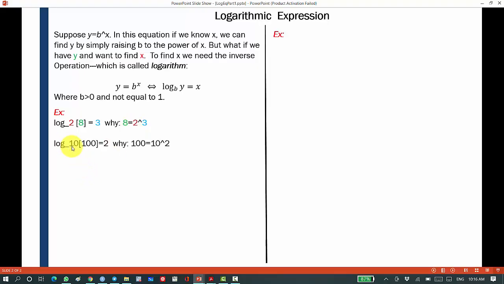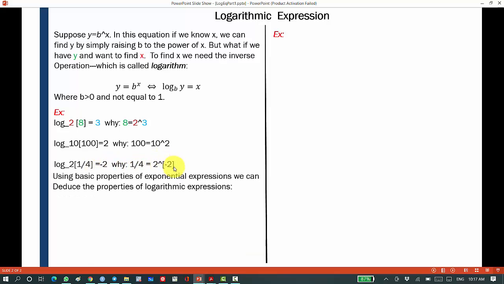The logarithm base 10 of 100 is 2 because 100 is 10 to the power of 2. Likewise, the log base 2 of 1 over 4 is minus 2 because 1 over 4 is 2 to the power of minus 2.